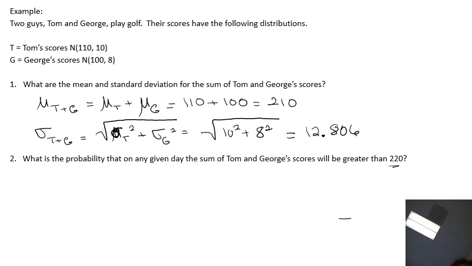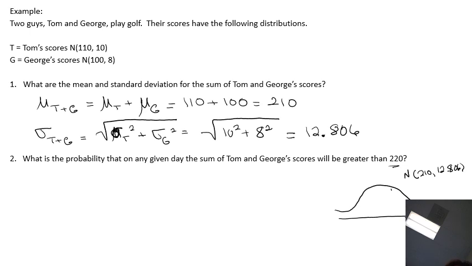So let's think about what we're doing. We know that Tom and George are normally distributed, so the sum of Tom and George is also normally distributed. We want to figure out when the sum of their scores, we have this new normal curve now with a mean of 210 and a standard deviation of 12.806 that represents the sum of their scores.